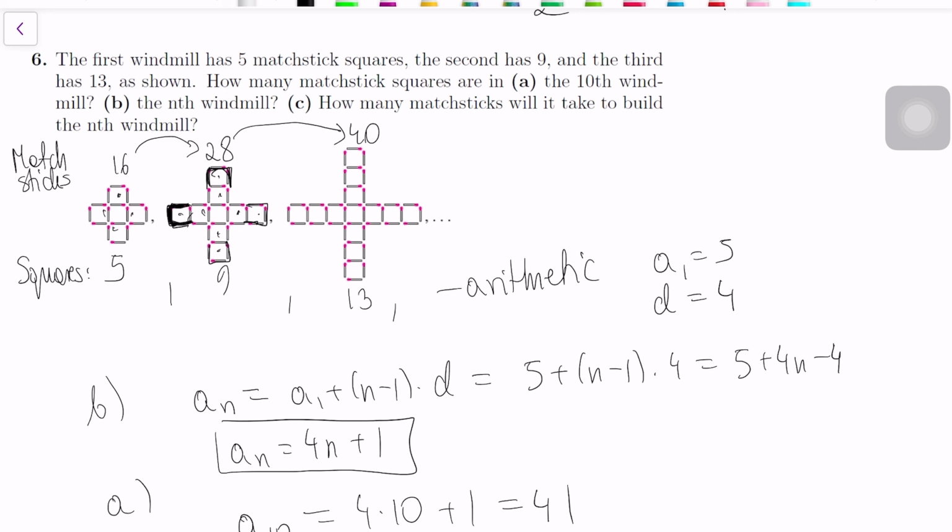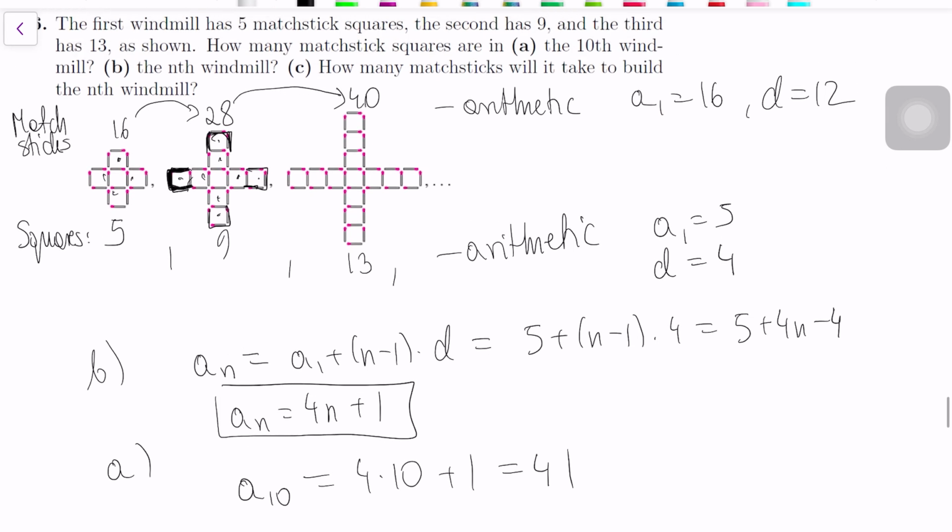Okay, so that's also arithmetic, but A1 is 16 and the difference is 12. Since C wants us to count how many matchsticks it will take to build the nth windmill, so An, with A1 equals 16 and the difference equals 12, I can plug those in.